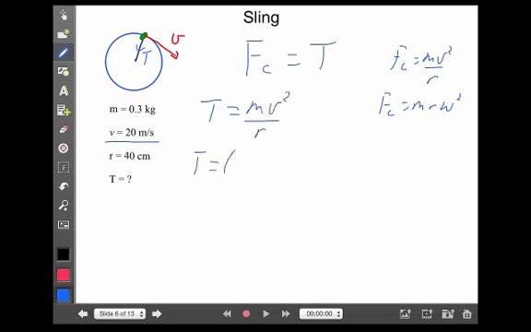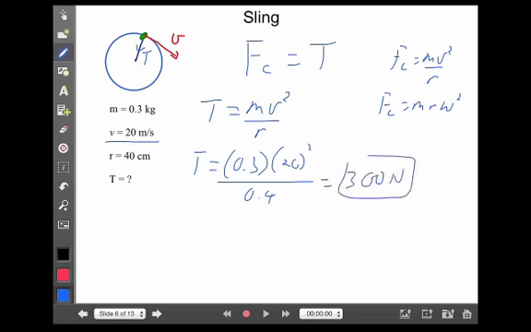Now I just put in the numbers, right? Mass is 0.3 kilograms, the velocity is 20, only that is squared. Radius of 40 centimeters or 0.4 meters. And I get a tension of 300 newtons. And that's really all there is to that. Simple substituting formula, putting in the numbers, and you're done. That's an easy one.